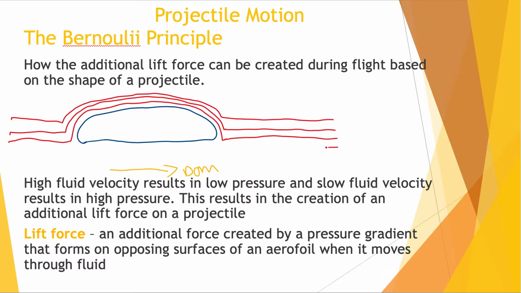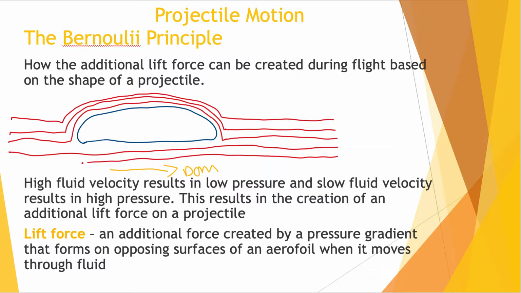Whereas this piece of air here travels along the bottom and just travels normally underneath the projectile, and we might want to draw one more up here. So this is what's called an airflow diagram, and it's showing the flow of air around this projectile.